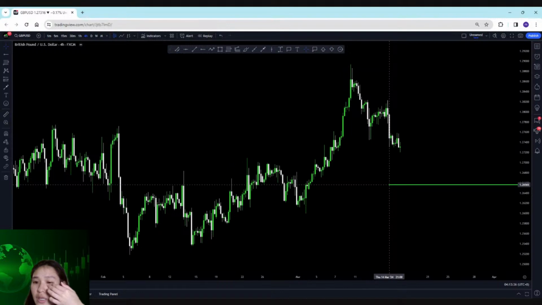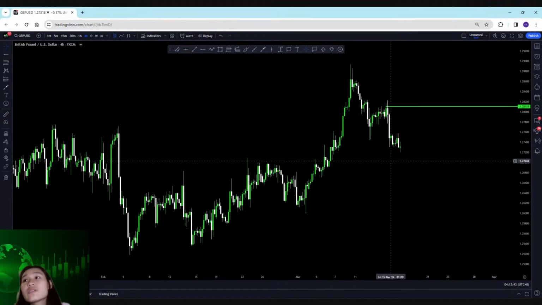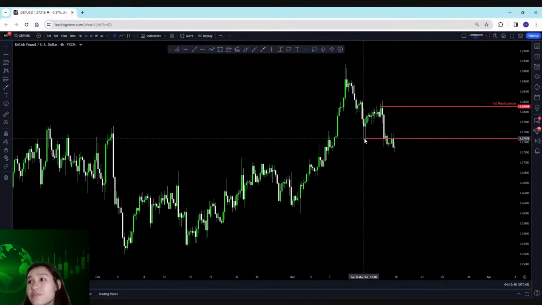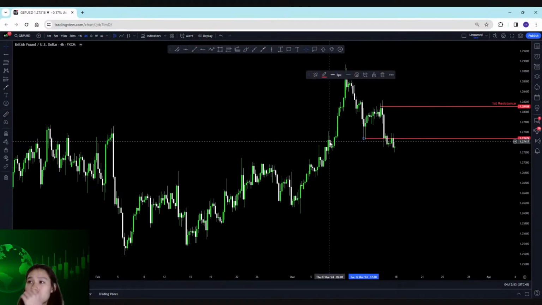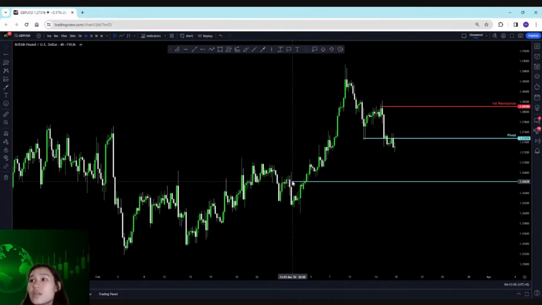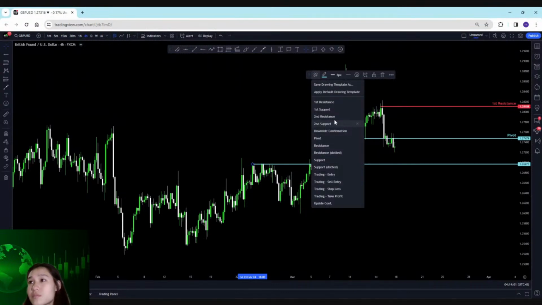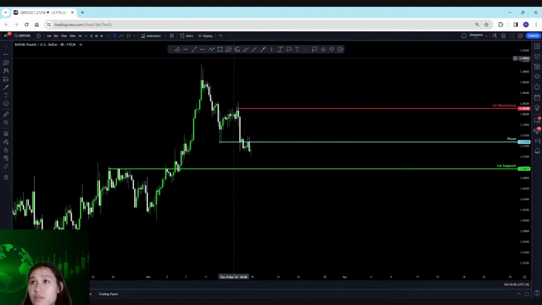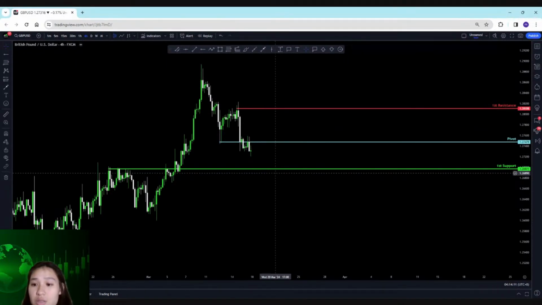I'm going to place my first support at the swing high, or rather first resistance, and then my pivot is just going to be here, and my first support just here. So again, similarly, we're expecting price to continue in this downtrend towards our first support.